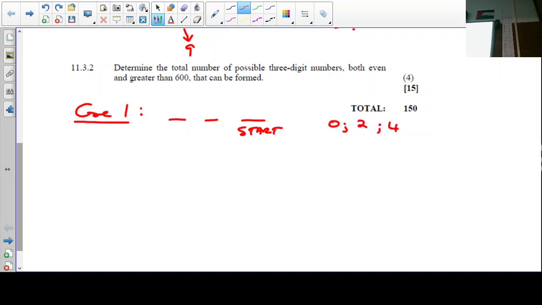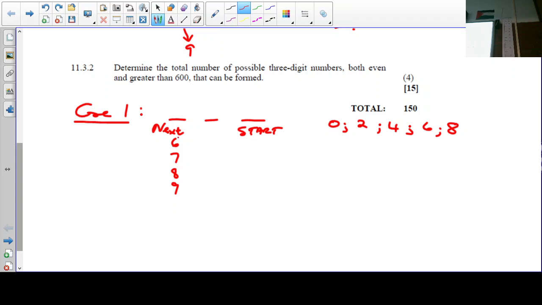For the first digit, I could have put 6 here and 8 there, but I'm considering these numbers, which are 6, 7, 8, 9.